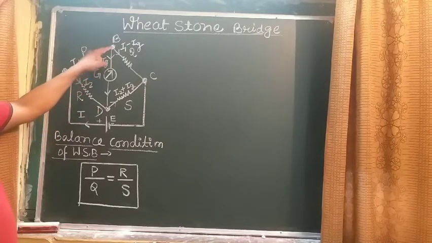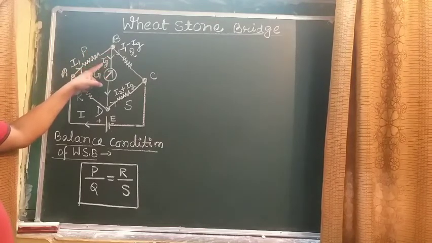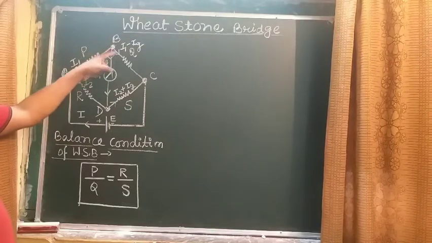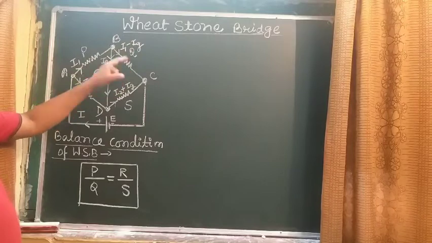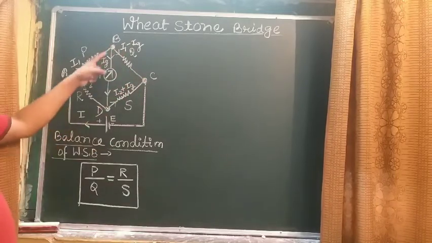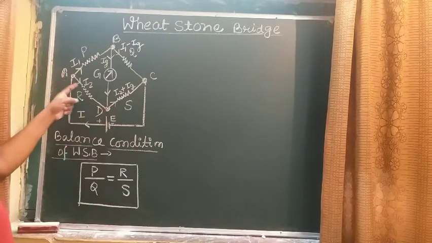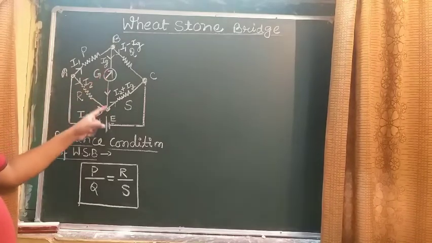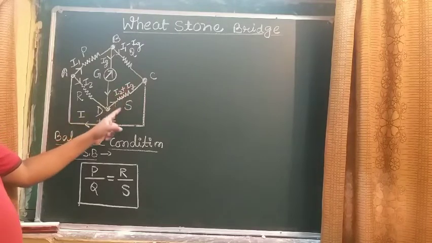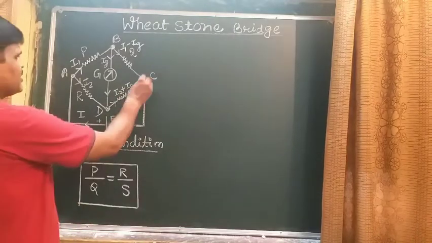When I1 reaches here, a part of it moves to the galvanometer, which is Ig, and the rest, I1 minus Ig, flows to the arm BC through resistance Q. Ig reaches point D, and I2 also reaches point D, and these currents combine together to give I2 plus Ig, which flows through the arm DC through resistance S, and again the junction law takes place.